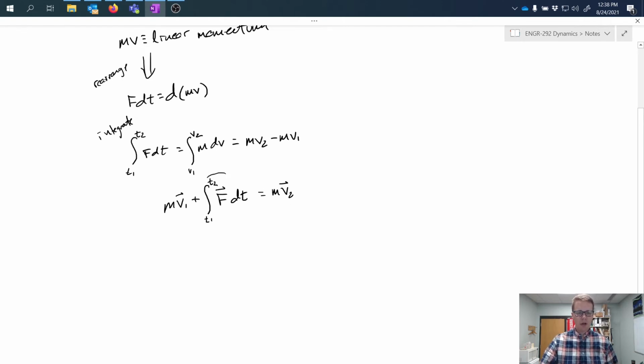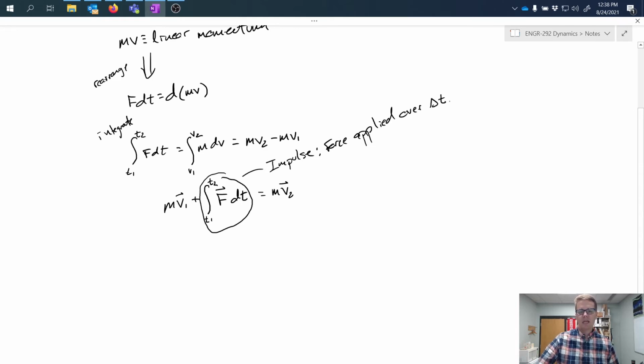This thing that we're adding to it, this middle portion here, we're going to call impulse. And this impulse is the addition of a force over some time step. So it is force applied over delta t from t1 to t2. I'm going to write it as IMP for impulse.